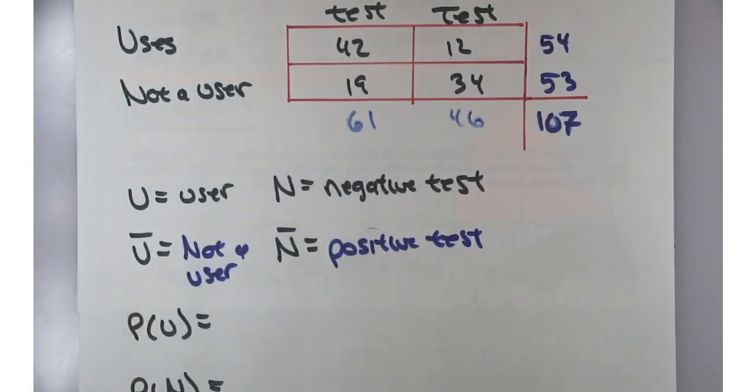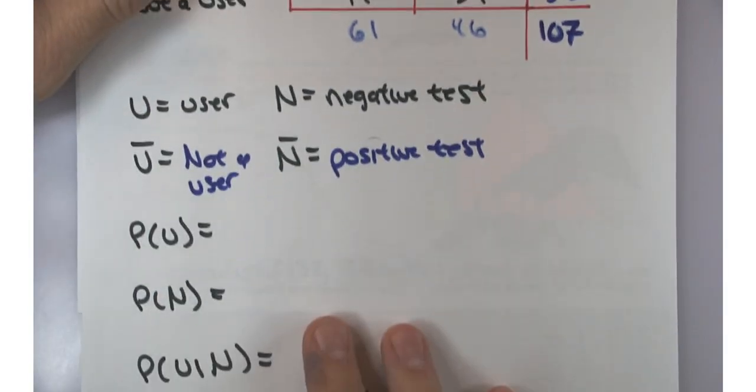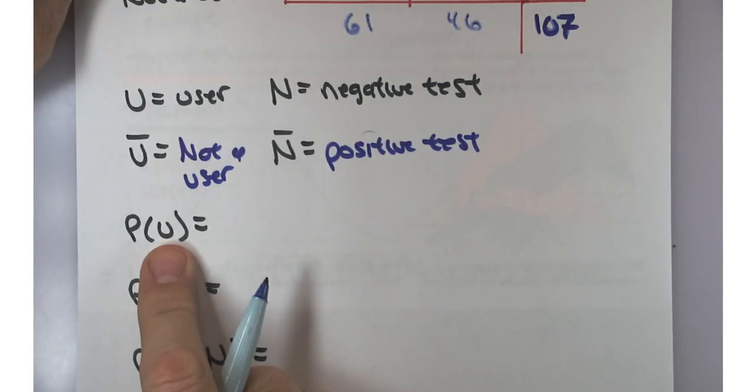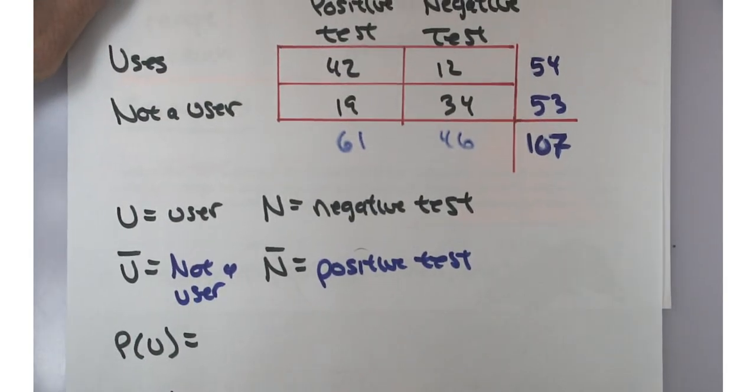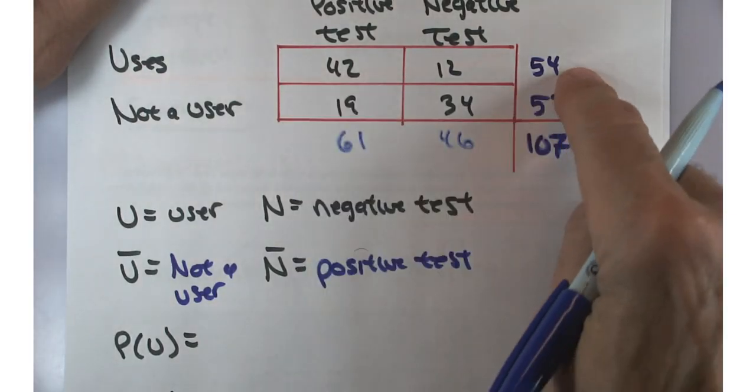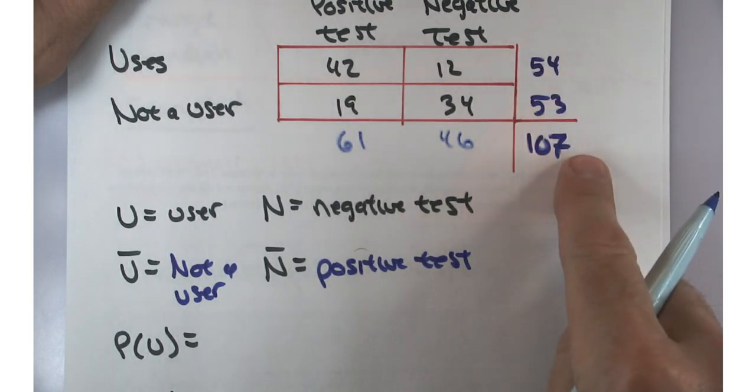Let's look at a couple probabilities. Eventually our goal is going to be to try and decide if a couple of these events are independent events or not. So we'll start with probability of U. What's the probability that somebody in this table, selected at random, uses drugs? 54 divided by 107. Yeah, there's 54 users over 107 people here.